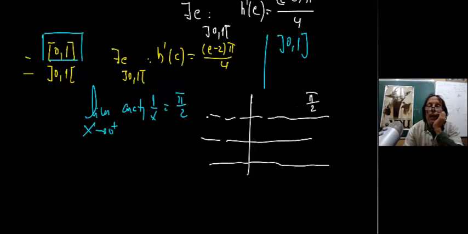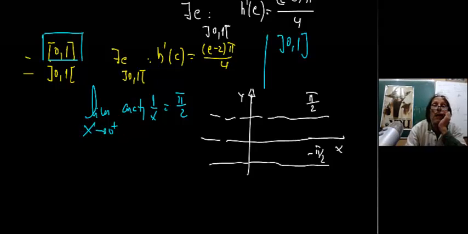Here lies the line y equals pi over 2, and over here lies the line y equals minus pi over 2. Here is the y-axis, and here is the x-axis. And so the graph is more or less something like this.